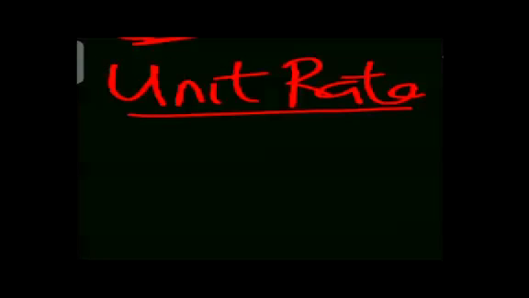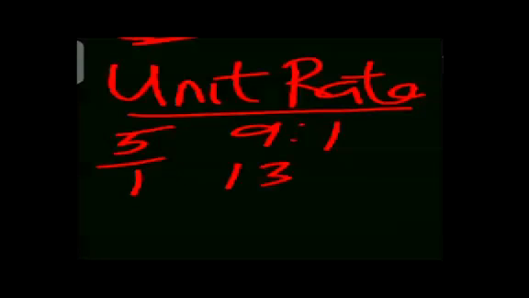An example of that, look at this, 5 over 1. 9 ratio 1. All these are unit rate or unit ratio. 3 to 1. All these 3 are examples of a unit ratio.